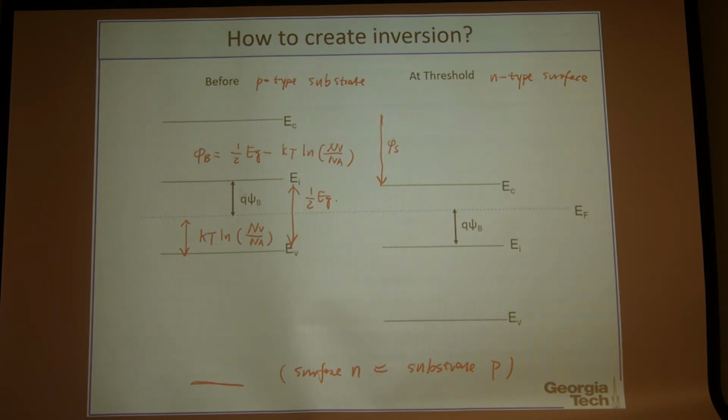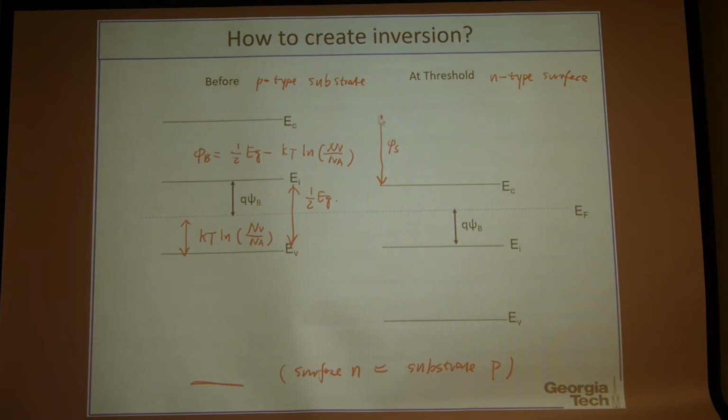You can get this phi b by using this equation. Essentially, it's determined by the doping density Na, because the doping density will determine the distance from the Fermi level to the valence band edge EV. So the higher the doping, the smaller this distance is, so phi b will be larger.